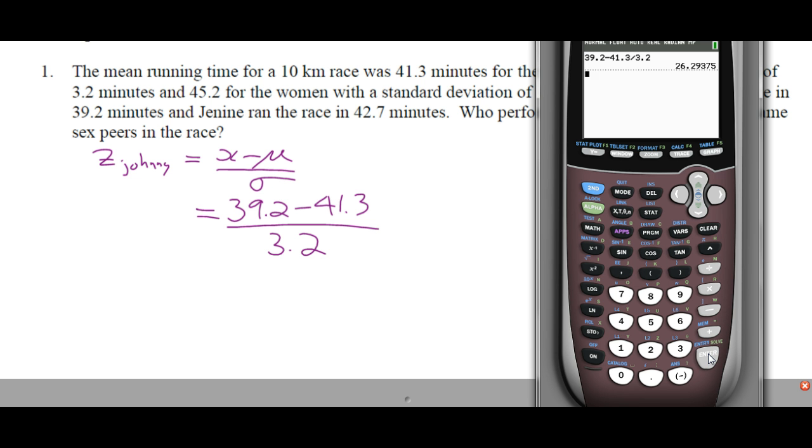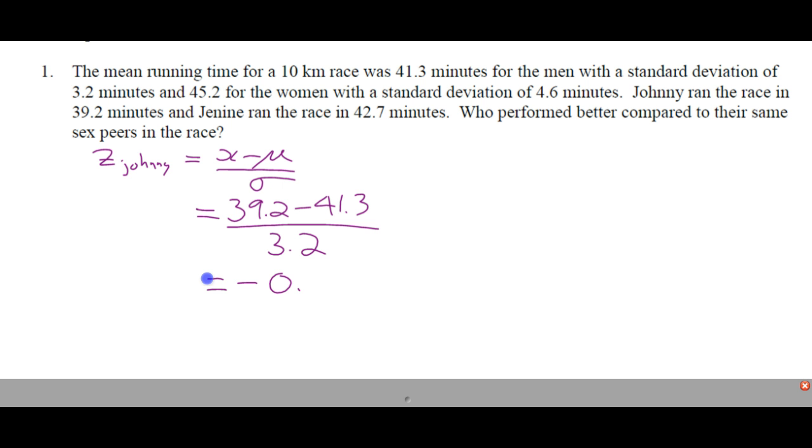Okay, so we're going to go bracket 39.2 minus 41.3 bracket divided by 3.2. Okay, so we get negative 0.65625.